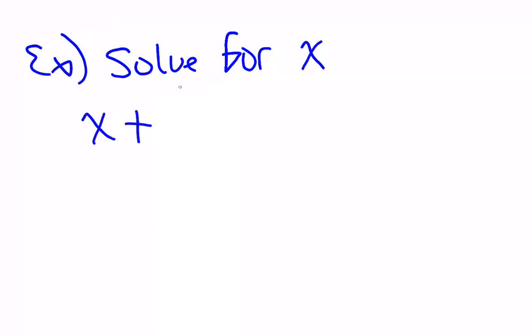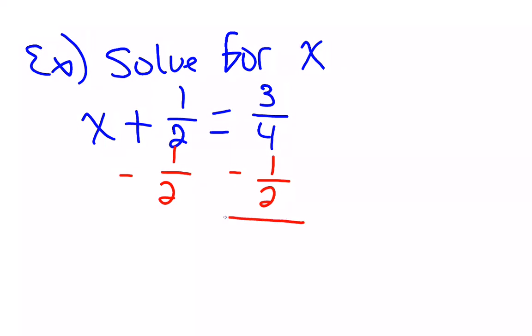Next example, solve for x. x plus 1/2 equals 3/4. So it works the same way. We have added 1/2, so we can add a negative 1/2 or subtract 1/2, either direction, whichever makes sense to you.